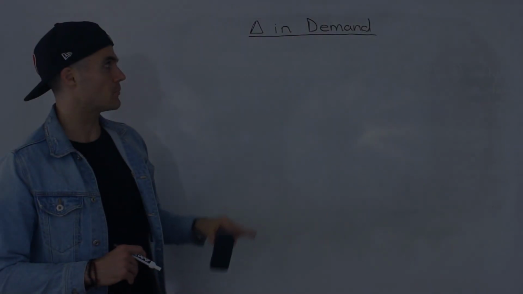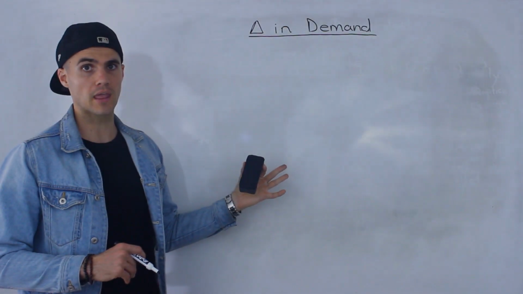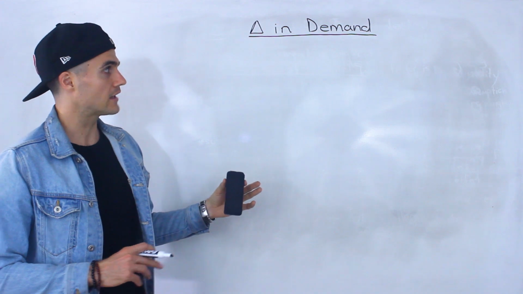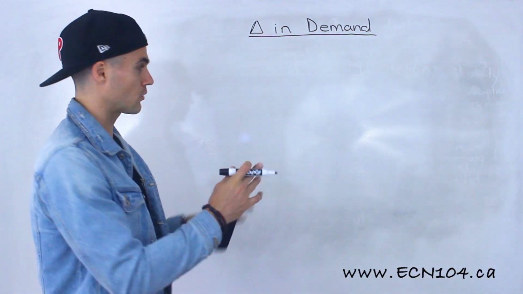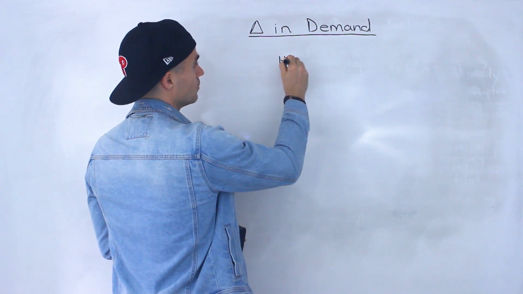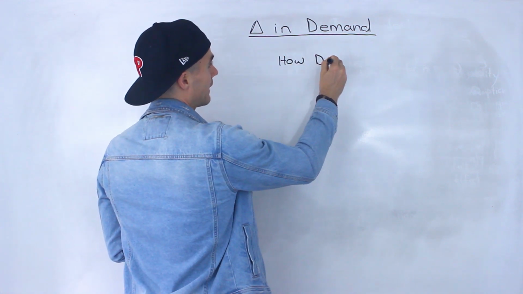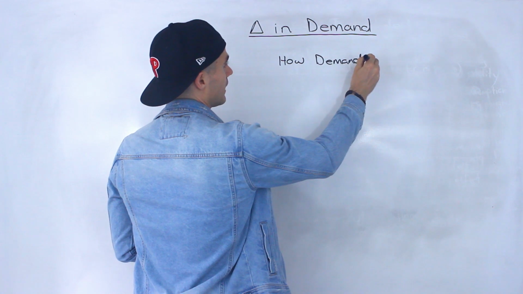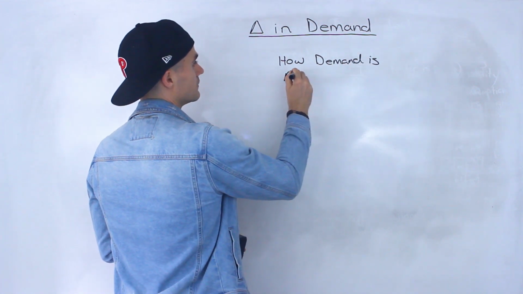So now what we're going to talk about is the change in demand in this video. And to keep you on track of where we're at, remember, we're still talking about how demand is affected.